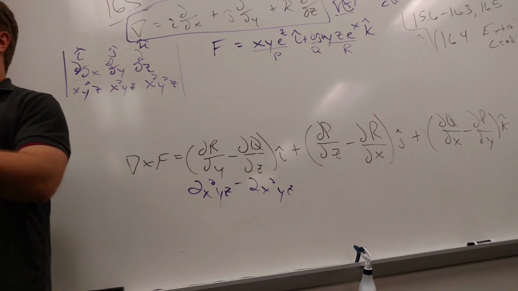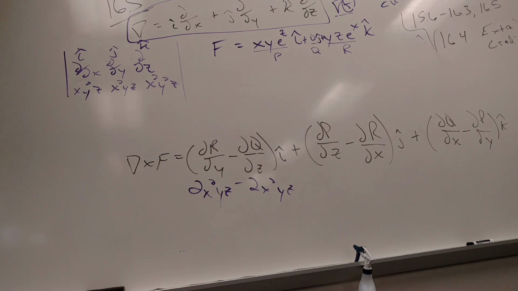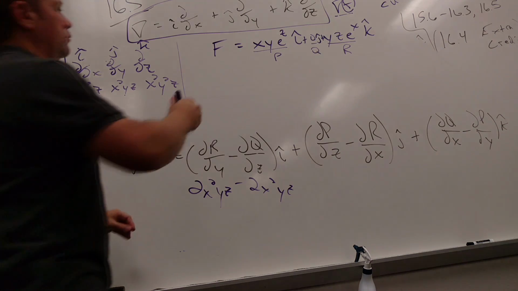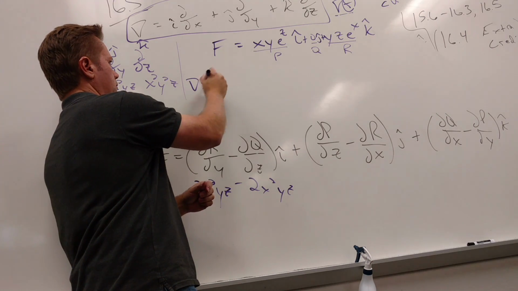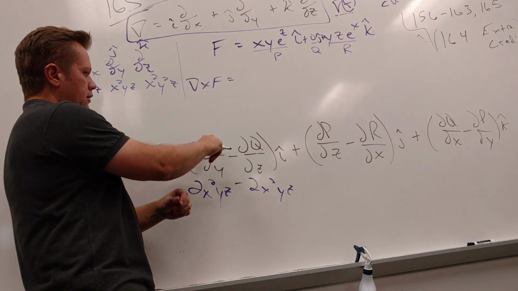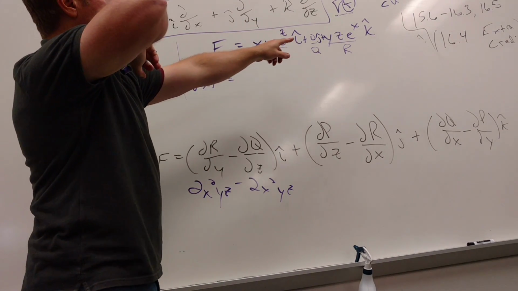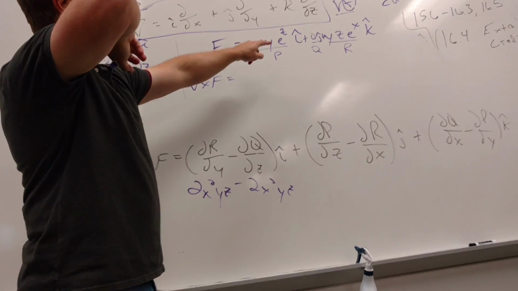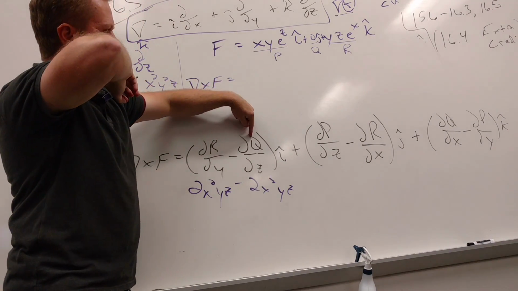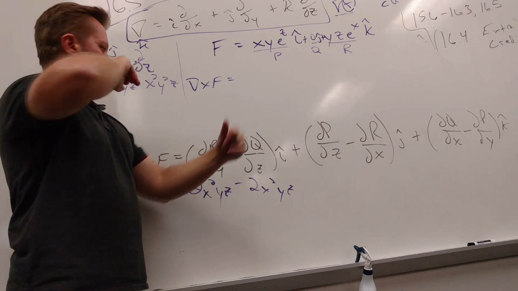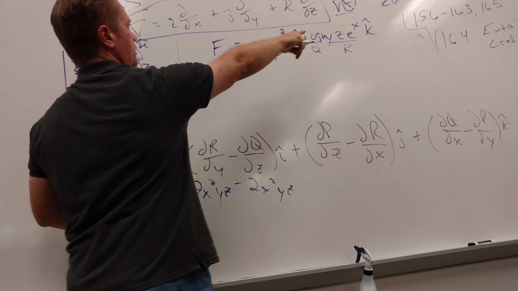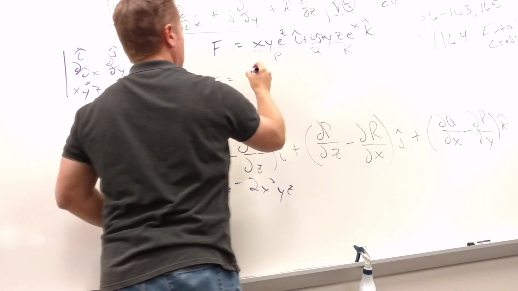And then I can just go to town on it. It's a weird way to put it, but oh well, we'll survive. So the curl will be dR/dy minus dQ/dz. And of course, anywhere I see a Q here, it's going to be 0. I like it. So dR/dy will be z e to the x.